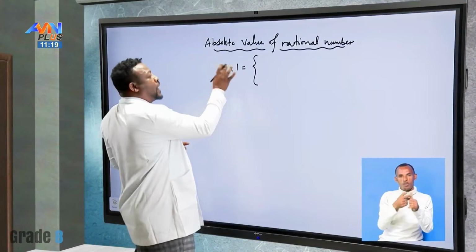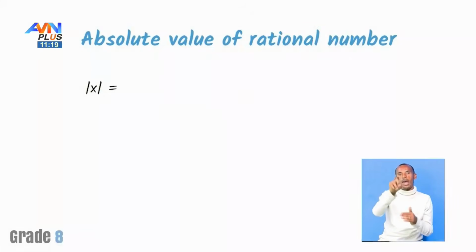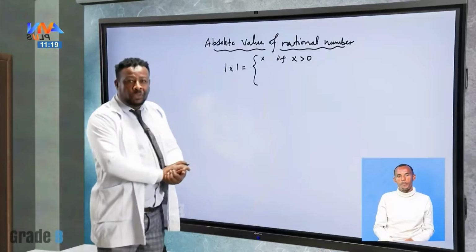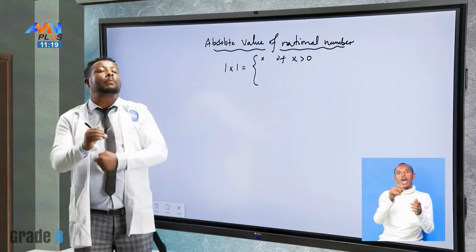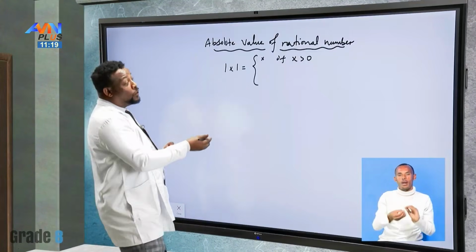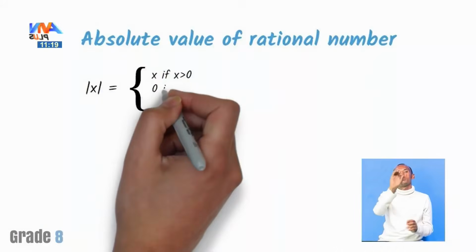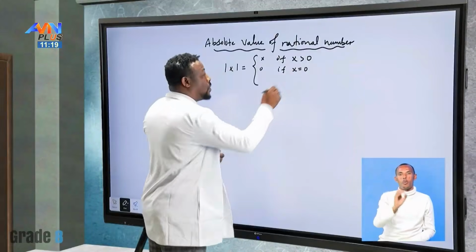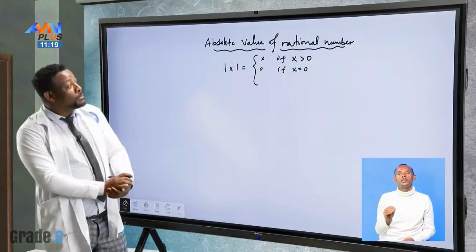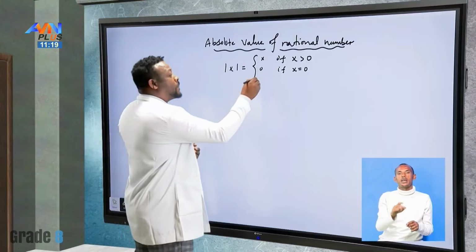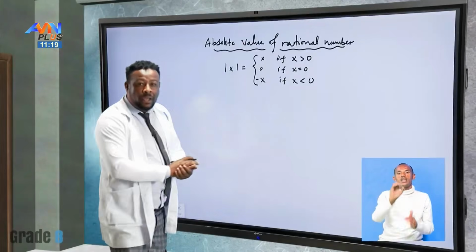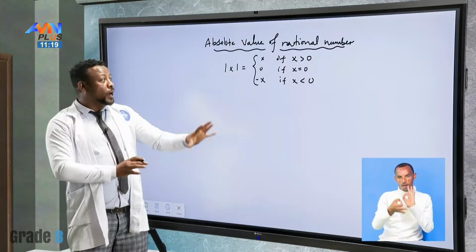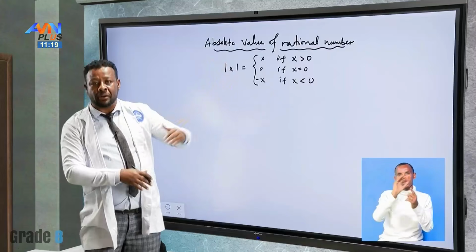The absolute value of x becomes x itself if x is a positive number, and the absolute value of x becomes 0 if that number is 0, and the absolute value of x becomes minus x if x is less than 0, okay? We can define the absolute value of any number in this manner.